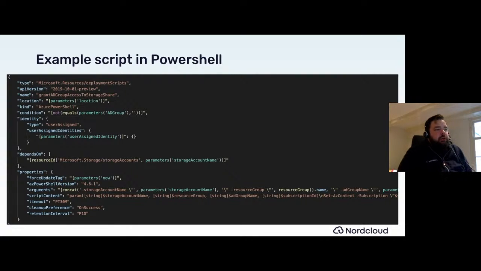The syntax of the PowerShell deployment script is more or less the same. You define that it's Azure PowerShell. You define the PowerShell version to 4.6.1 in this case. The differences mostly come with the arguments. All of you who have done Azure DevOps pipelines probably know or will see this as pretty familiar.